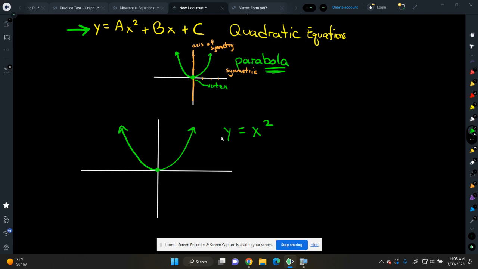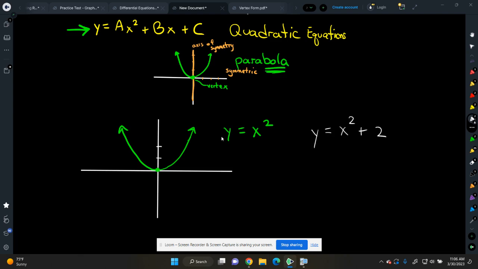Let's go back to when we were graphing absolute value equations. What if I wanted to graph y equals x squared plus 2? What would that do to my base function? Move it up 2 units. Yeah, we did this when we graphed absolute values. We take that function and move it up 2 units.